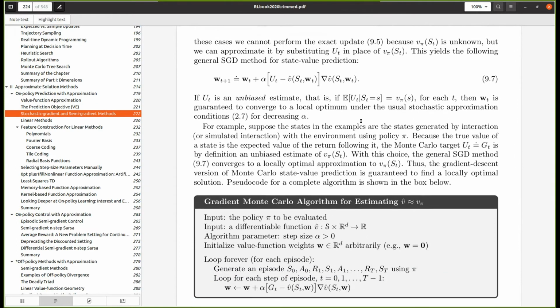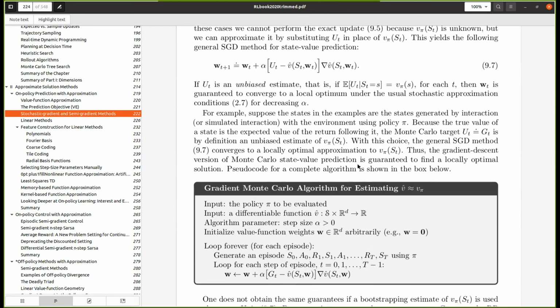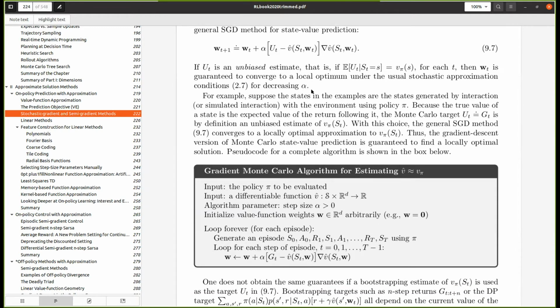And if the update objective is an unbiased estimate of the true value function, then W sub t is guaranteed to converge to a local optimum, for decreasing alpha.